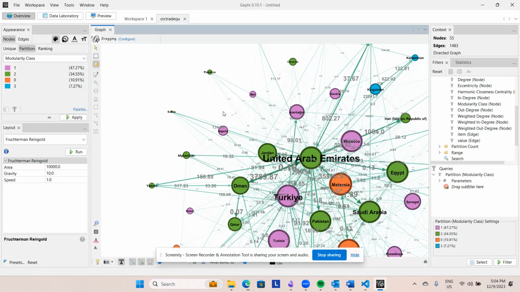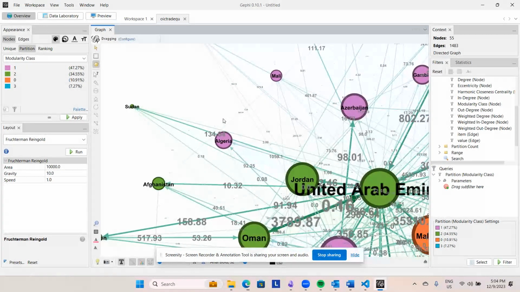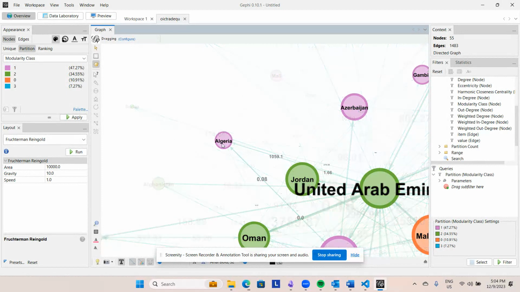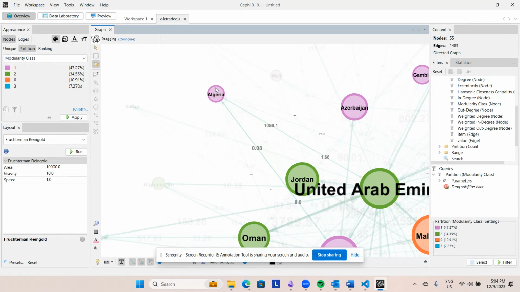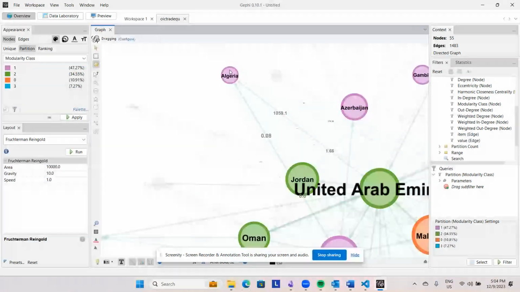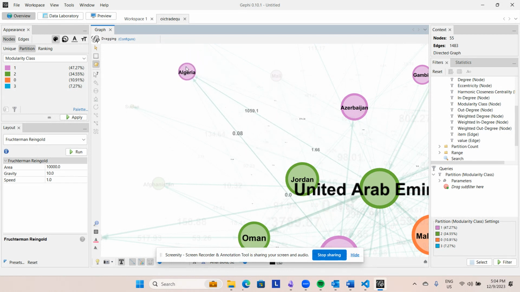Let's pick up one example and go to the other analytical parts. For example, when we pick up Algeria, we see that Algeria has a connection with the United Arab Emirates. This connection reflects the trade between them. When we select Algeria and United Arab Emirates, we will see that there is a trade connection between those two countries.